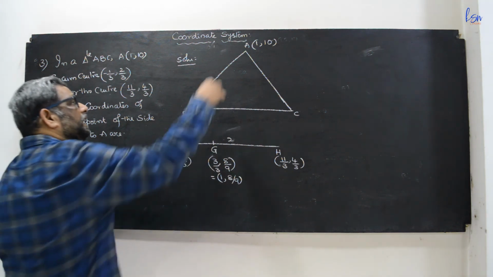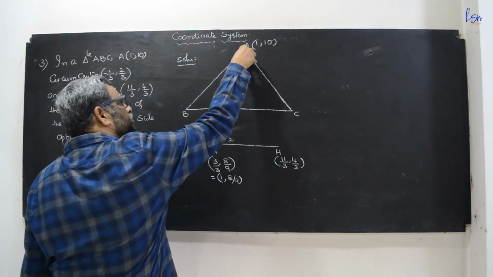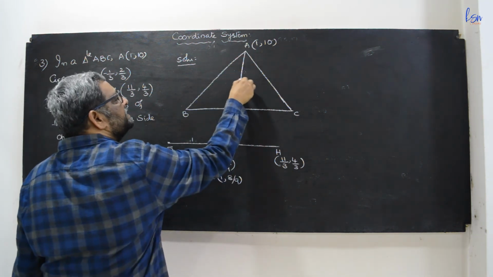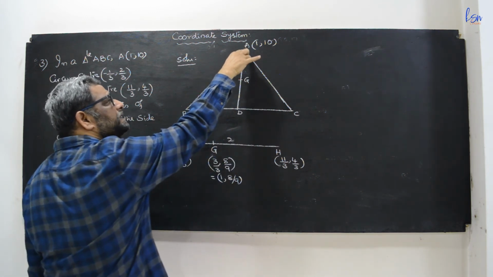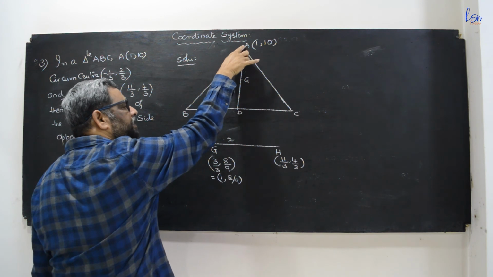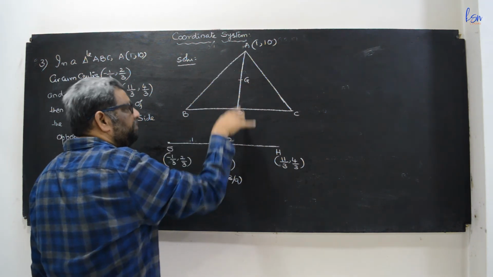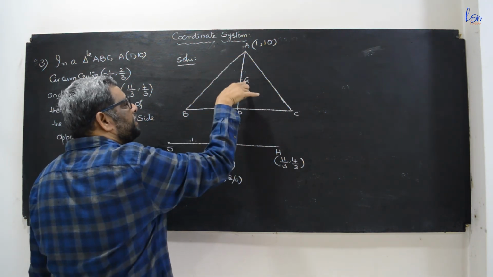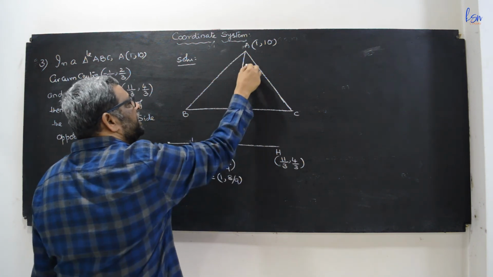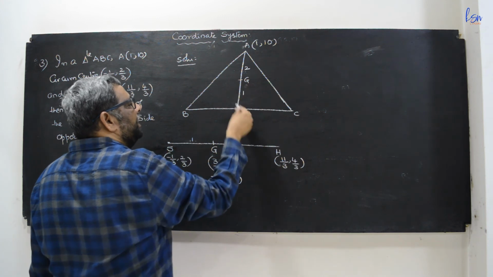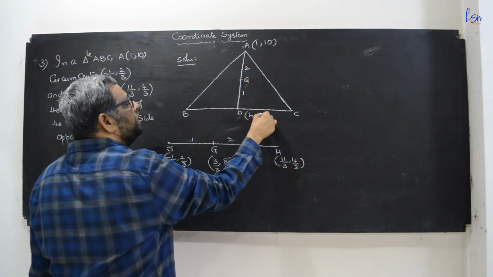Now consider the centroid, this is the centroid, and this is the midpoint, median. The median is a segment joining one vertex to the midpoint of its opposite side. This median will be divided by the centroid in the ratio AG is to GD is equal to 2 is to 1. You call this point H comma K.